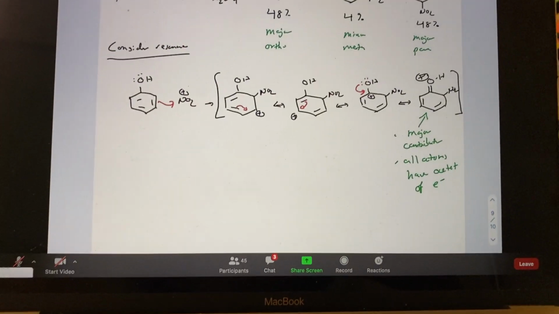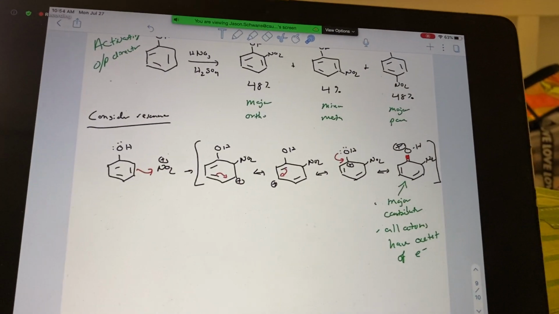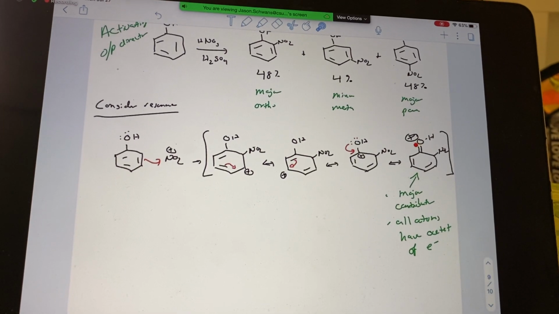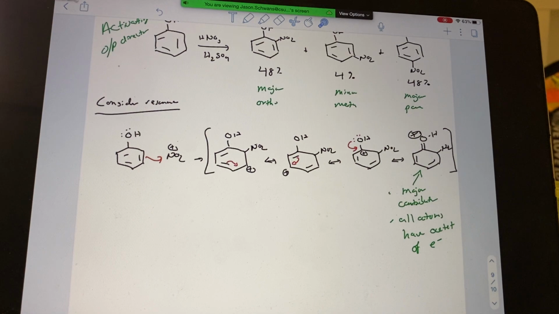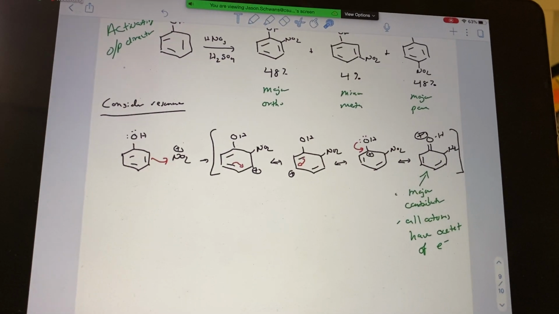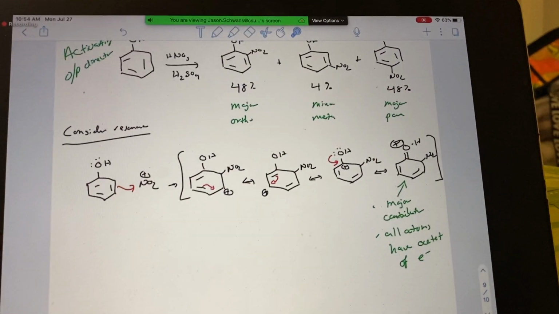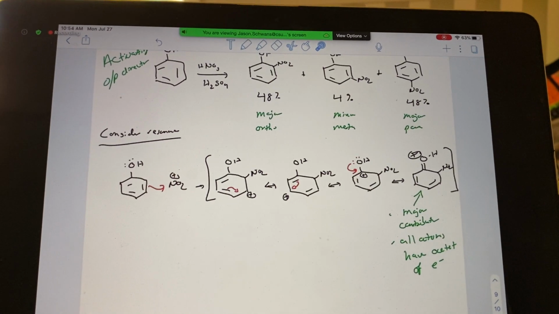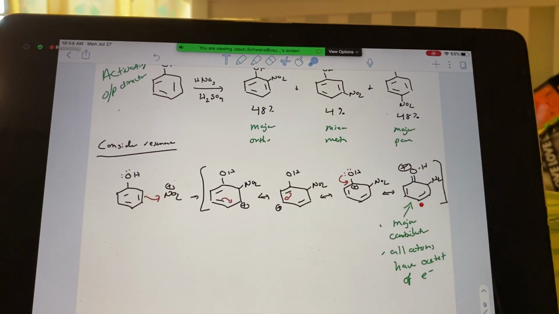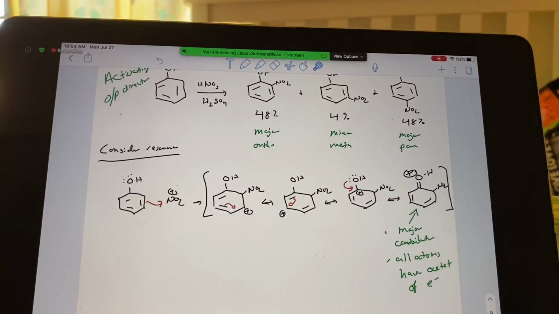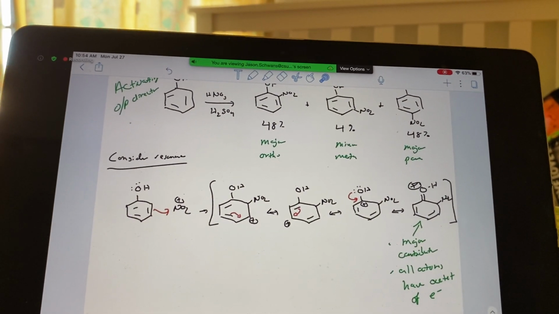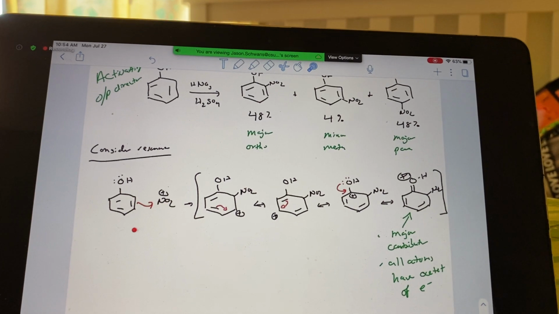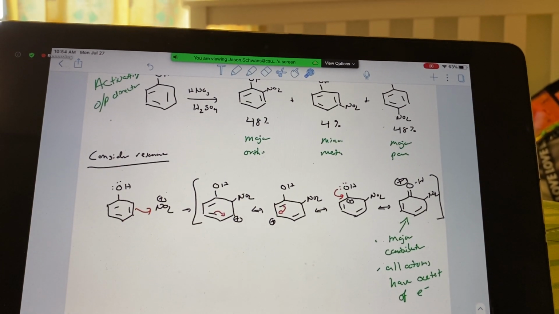And atoms like oxygen and nitrogen, sulfur, and so on can bear a positive formal charge and still have an octet of electrons. So this actually provides an explanation as to why, if attack at the ortho position occurs, this will at least be our major contributor to resonance stabilization. I will just assert now that if we draw attack at the para position, the same thing will happen.